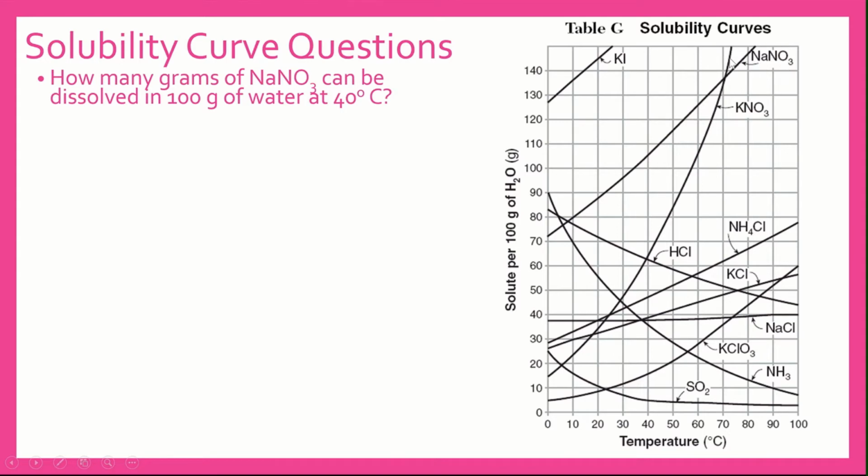I find 40 degrees Celsius, follow it up until we hit the sodium nitrate line, follow it over, and we're going to be in the neighborhood of 105. So 105 grams of sodium nitrate can dissolve in 100 grams of water at 40 degrees Celsius.